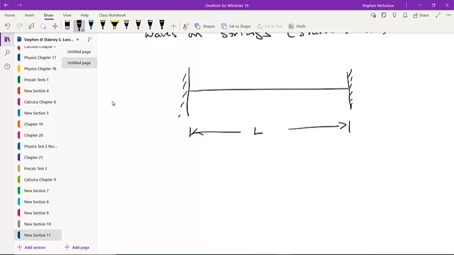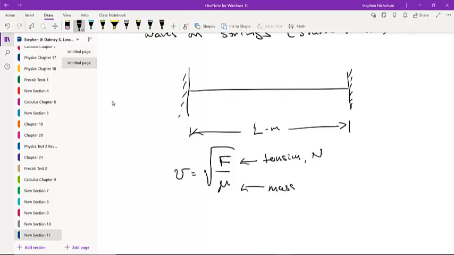So one of the variables is length, so that's units of meters. Then you've got the wave speed on a string, which is equal to the square root of F over mu. F is the tension in the string in newtons. Mu is the mass per unit length, so that's got units of kilograms per meter.